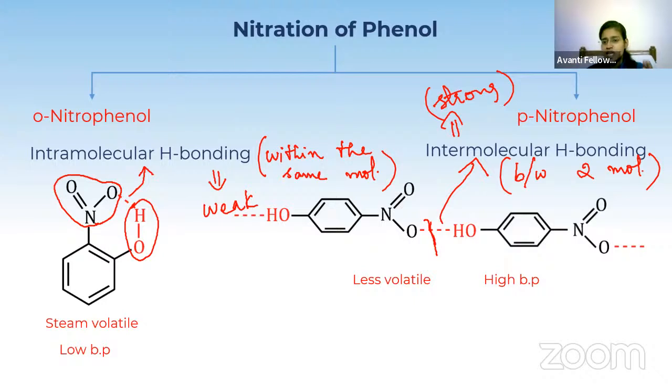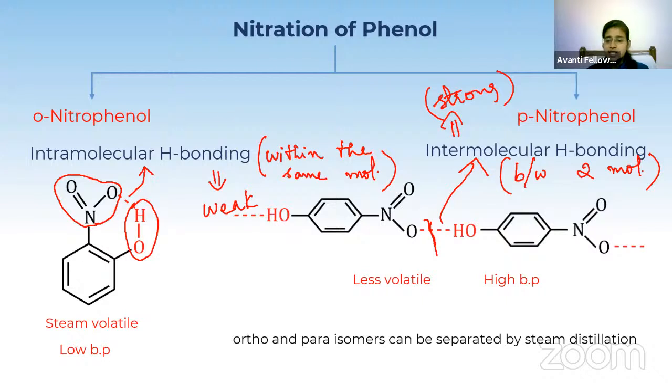Within the same container. If you want to separate these two isomers, you have to use some separating technique. One such technique is called steam distillation. Using steam distillation you can separate these two, because one has a very low boiling point and the other has a high boiling point.